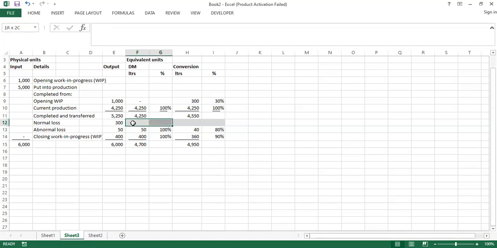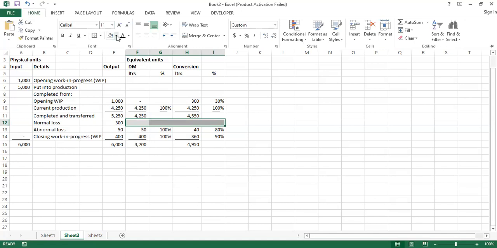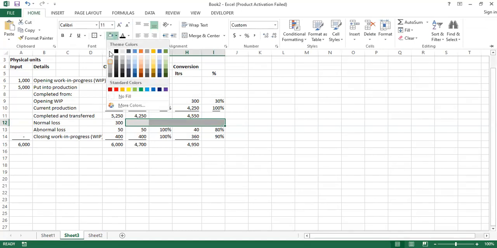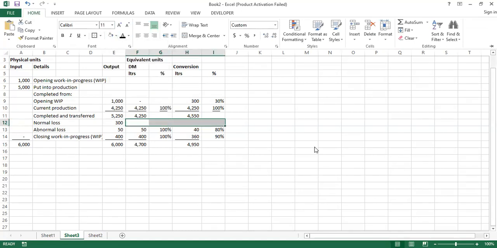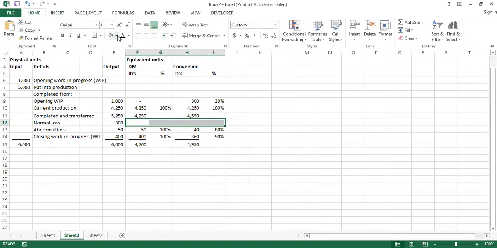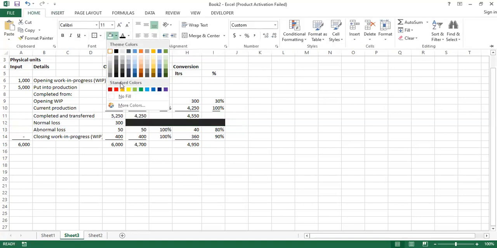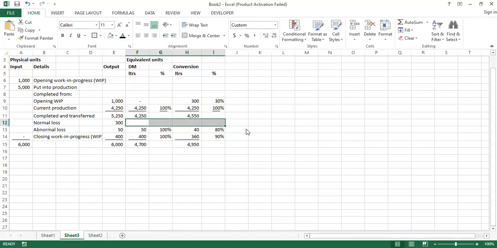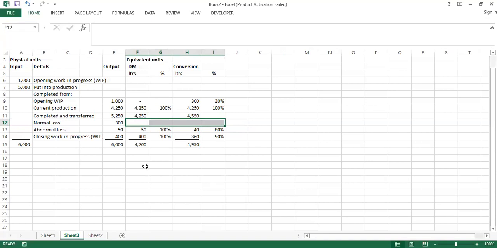The one other thing, from the explanation I gave last week, is that the normal loss in terms of units has to be included in our calculations. By leaving that blank, I've inadvertently excluded it, so we need to include that there.